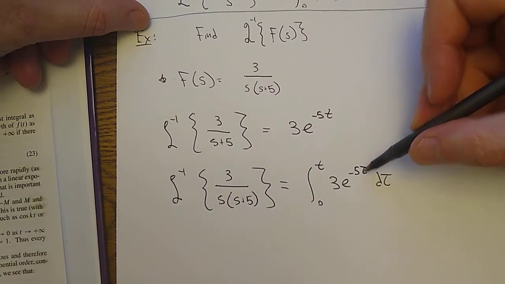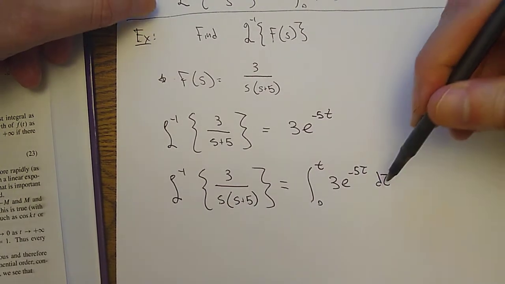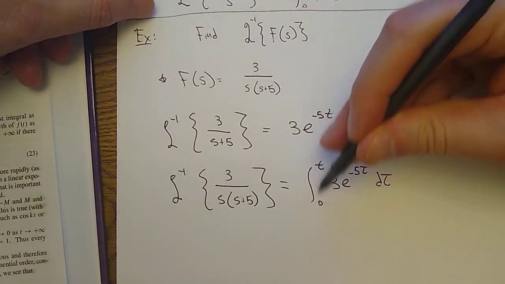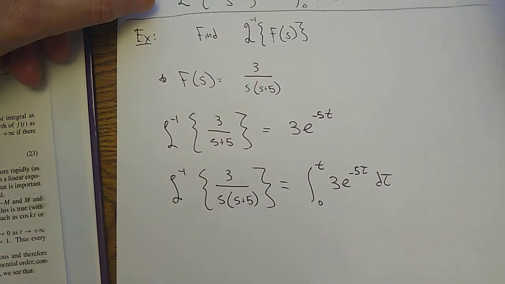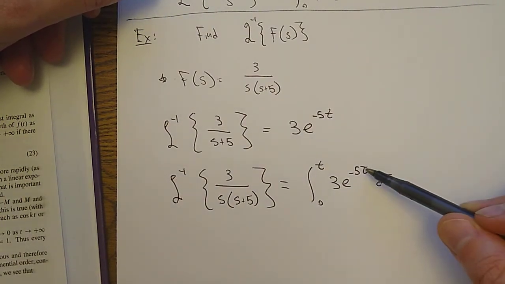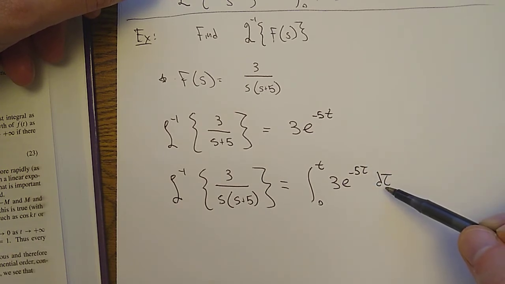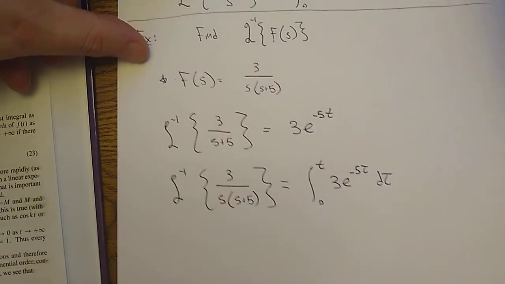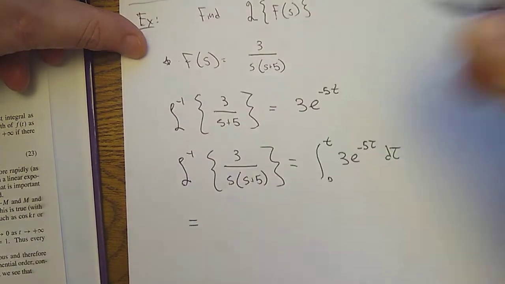So this letter tau is just a dummy variable. I'm going to do the antiderivative with respect to tau, and then because this is an integral from 0 to t, in the end I'll plug in t. So in the end our variable is going to be t. It's just that people don't like it, and formally maybe it doesn't really make sense to have t's in here and in the limit. So we write it this way.